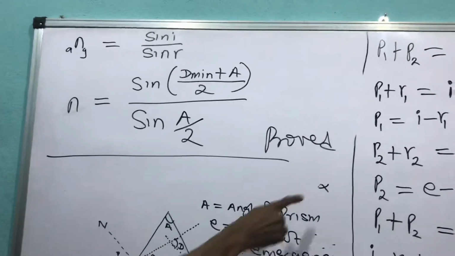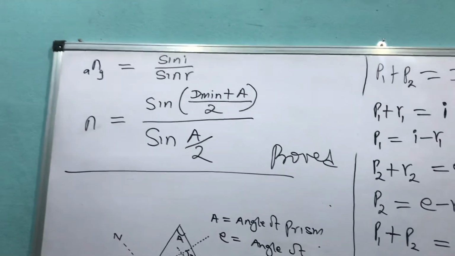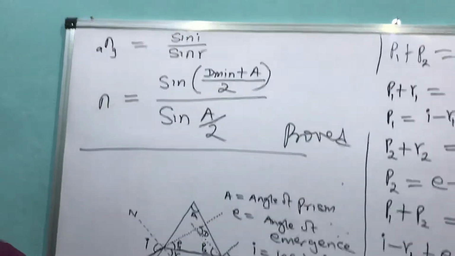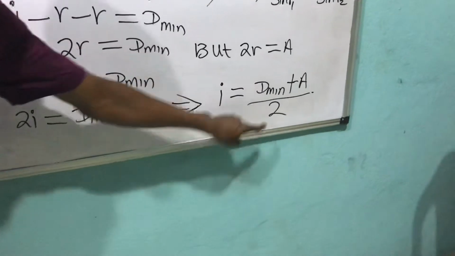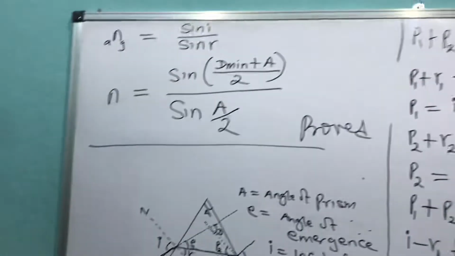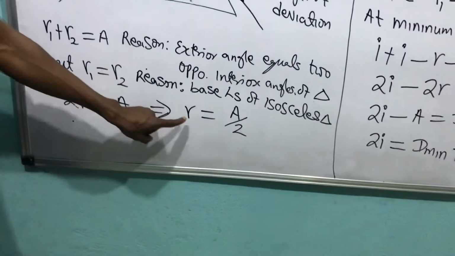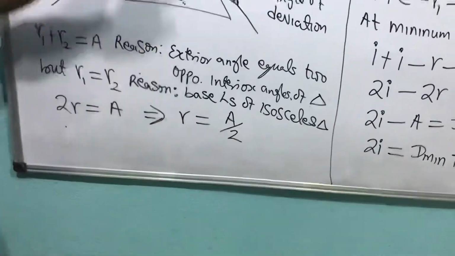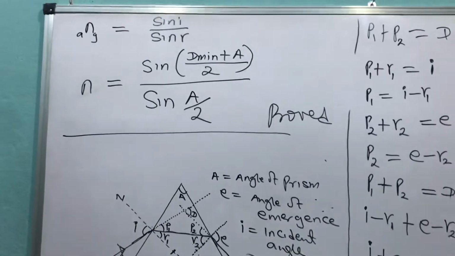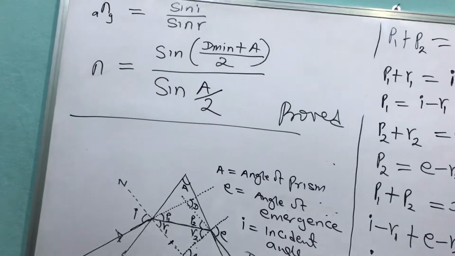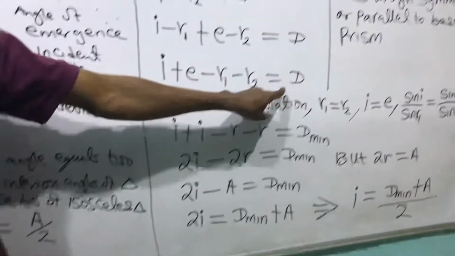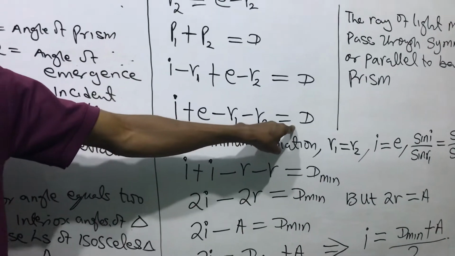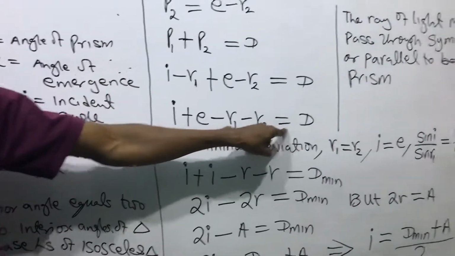So, you remember what I said? The incident angle, which we have done here, is D minimum plus A over 2, and R is A divided by 2. That is what they asked us to prove. Then, what do we learn from this proof? That deviation in a triangular prism, when a ray passes, is this.